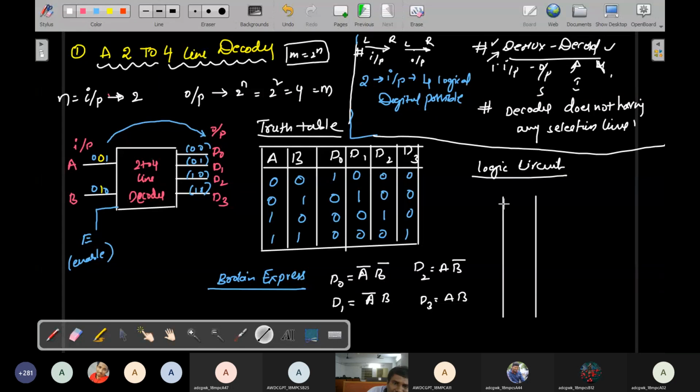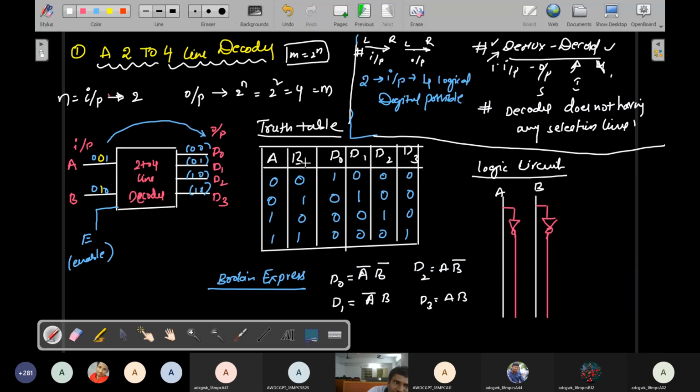The A terminal has one complementary level, and B also has one complementary level. We take each complement by using one NOT gate. This terminal is capital A and this terminal is capital B.